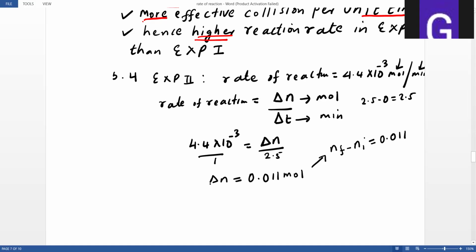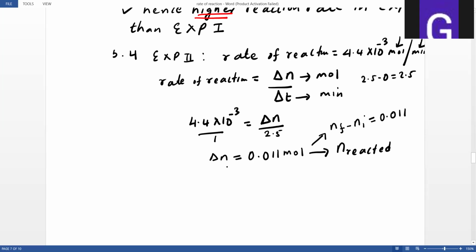Actually, this change is the number of mole of aluminum carbonate that has reacted. Why are we saying it is the one that has reacted? Because we are comparing from the initial to the final. The final is when the reaction has come to a stop, so it is the unreacted.